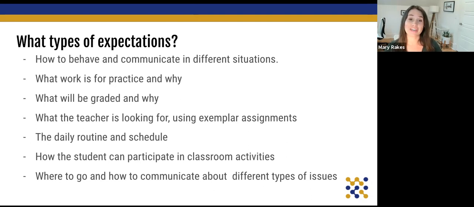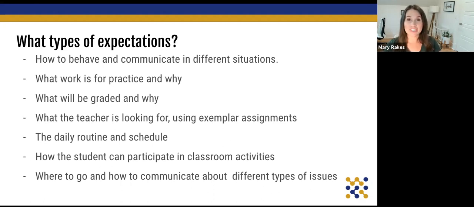How do you go through the lunch line? How do you ask for what you need when you need to use the restroom? How do you turn in your papers? All of those things really need to be communicated clearly to our students so they feel comfortable in our new environment.